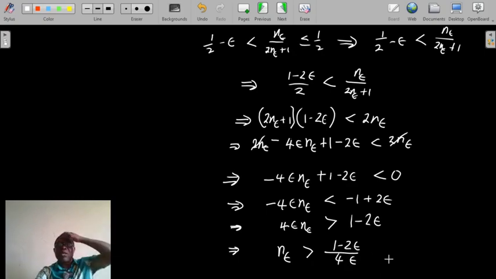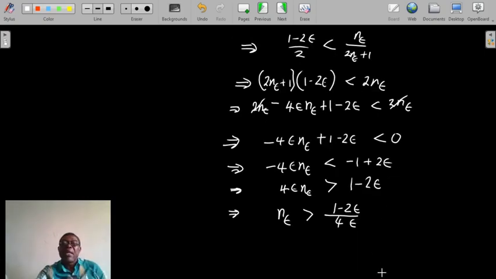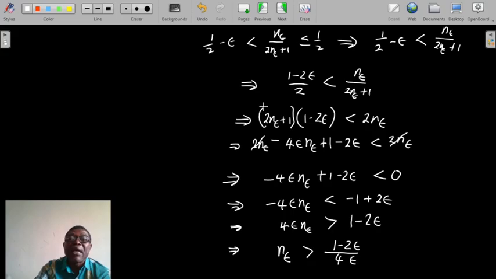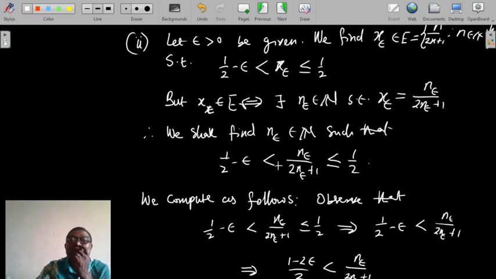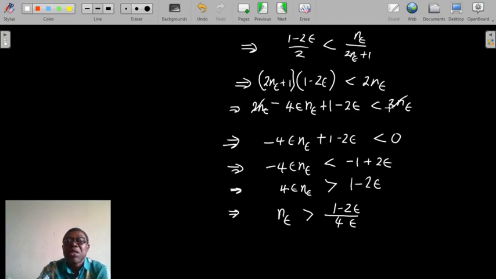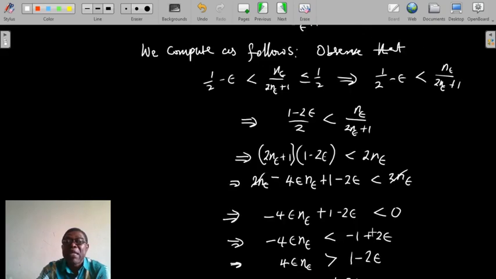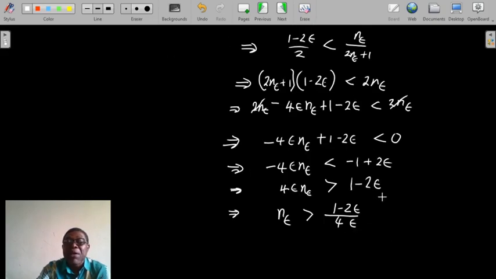So what we are saying is that whenever we are given epsilon bigger than 0, to find n_epsilon in the set of natural numbers for which this inequality will hold, we need to do these algebraic manipulations. And after doing that, we'll get this range.